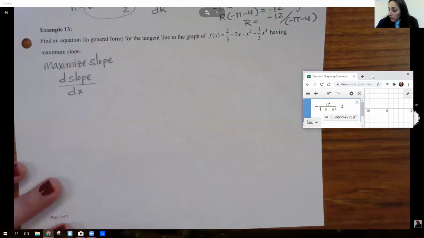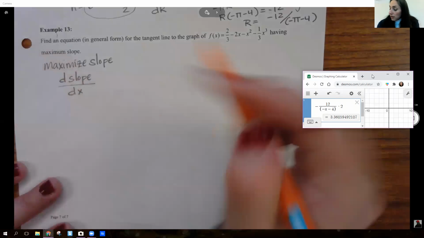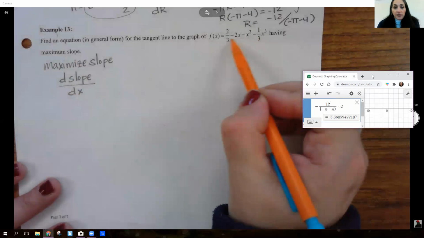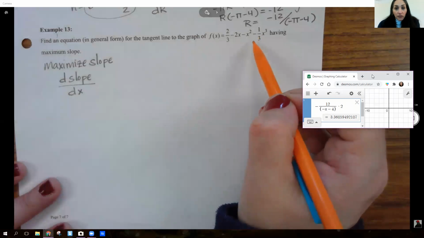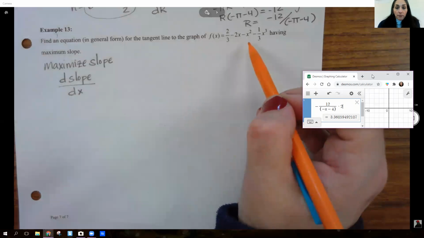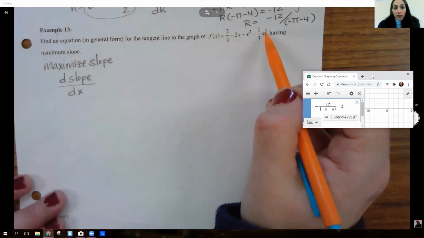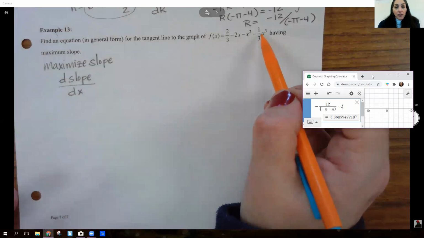All right, so you have this equation right here. So this is some curve. At some point on this curve, you are going to have the steepest slope, the maximum slope, okay? This is a cubic, so it's an odd function.